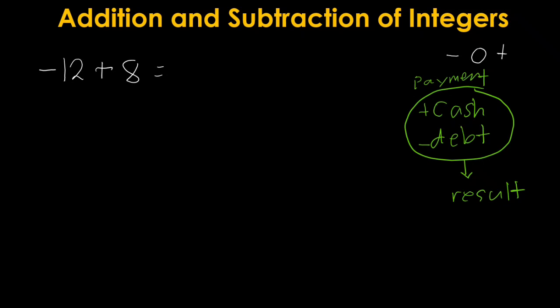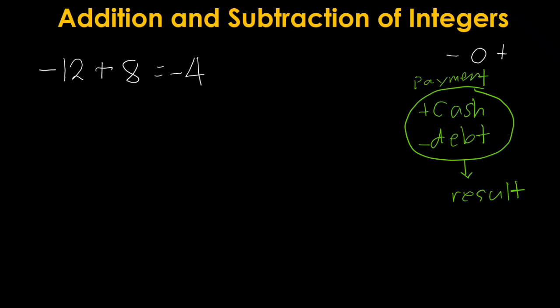So you pay 8 to your debt. How much do you have? You still owe 4. And owing or debt is negative. So you have negative 4. It's just like you subtract 12 by 8, and since negative is bigger, the debt is bigger, then that's the sign you're going to use.